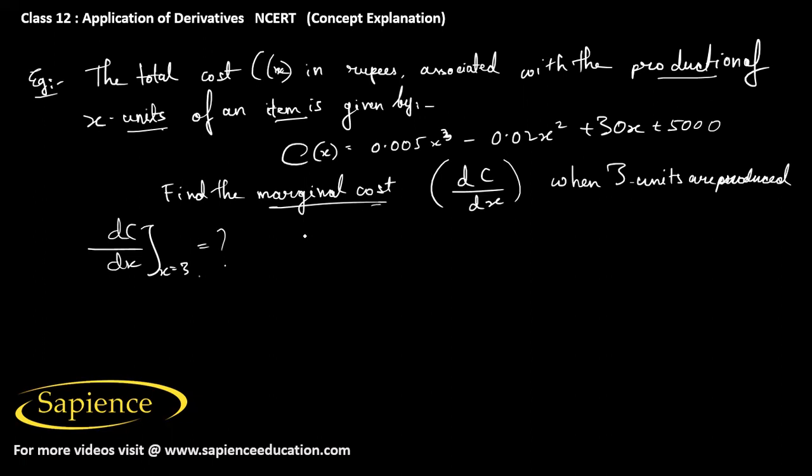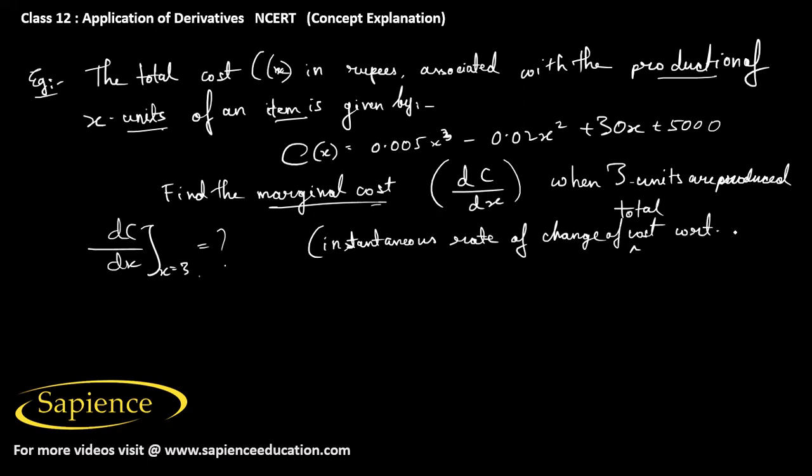So marginal cost means the instantaneous rate of change of the total cost with respect to the number of items produced at any level of output.